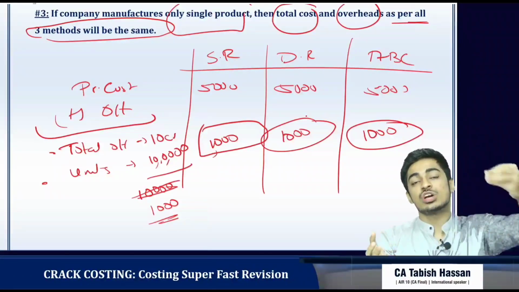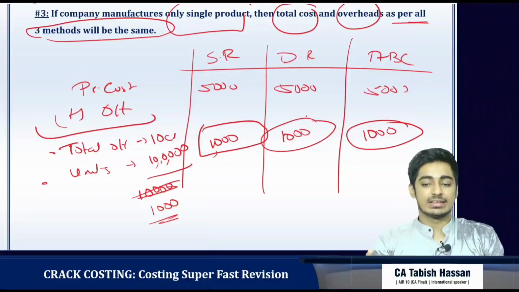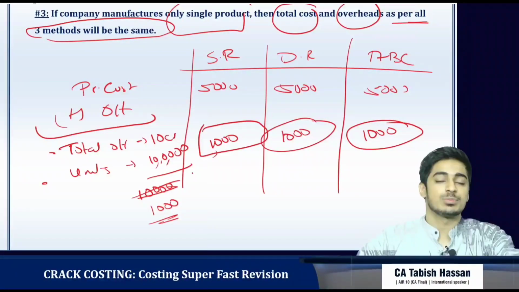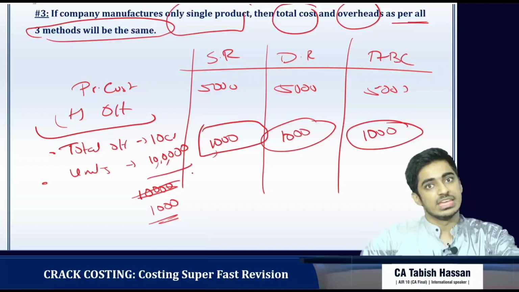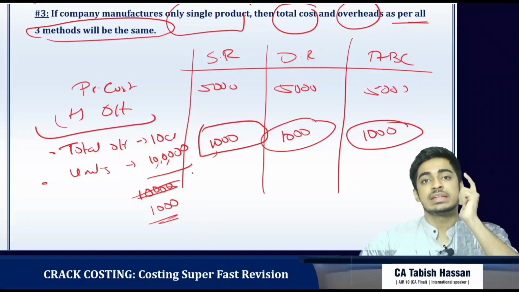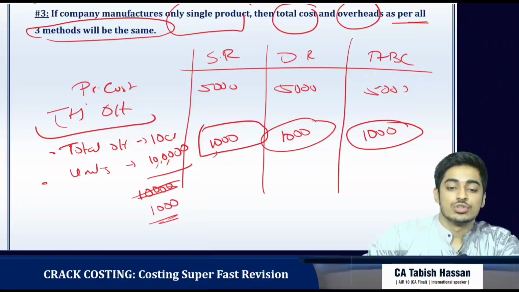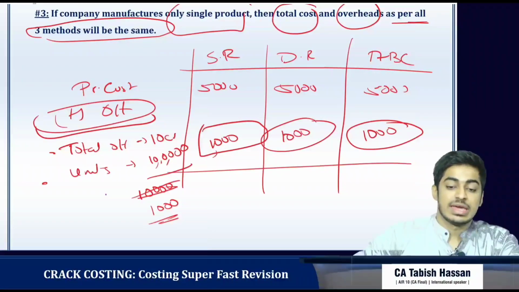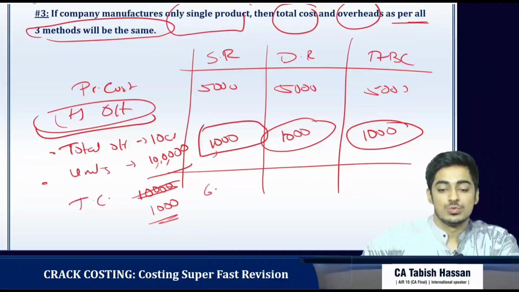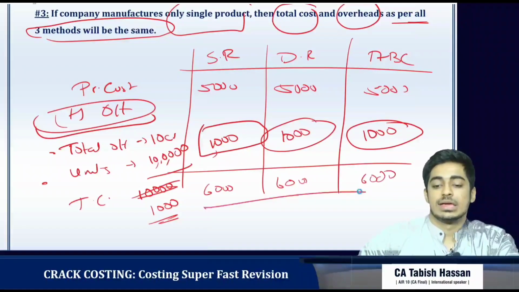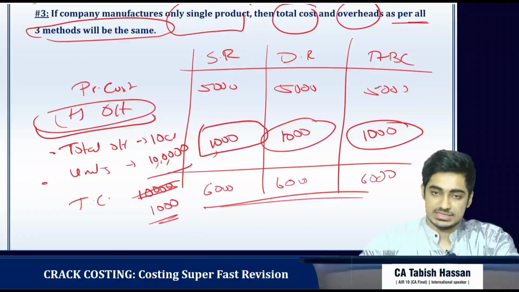It has to come out in the exact same way, right? So if the company is manufacturing only a single product, it does not matter if it is following the single rate method, the departmental rate method, or the activity based costing method. The overhead per unit and the total cost would be the same in all the three methods.